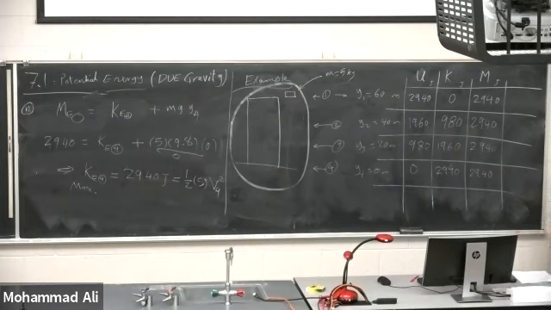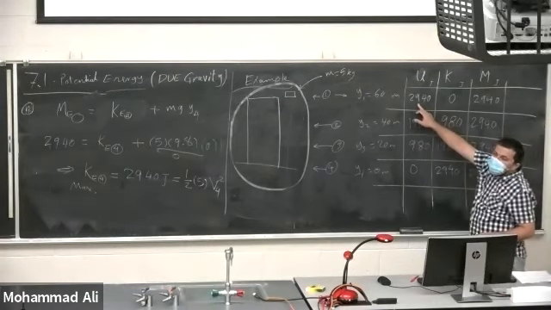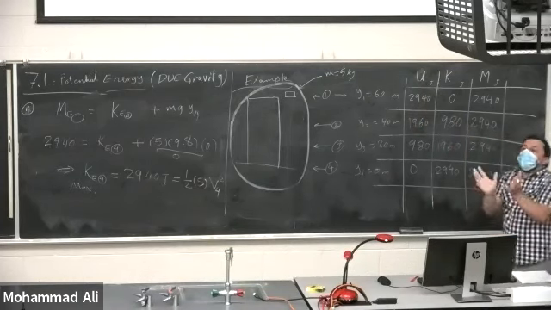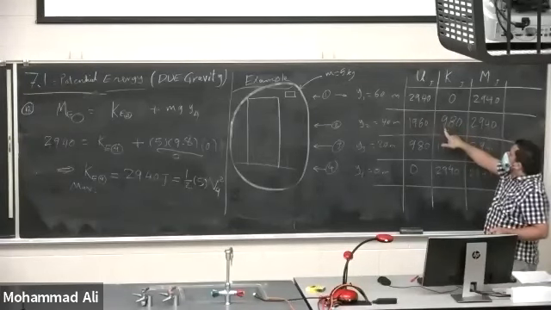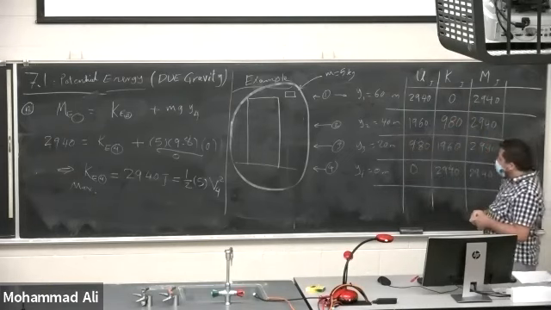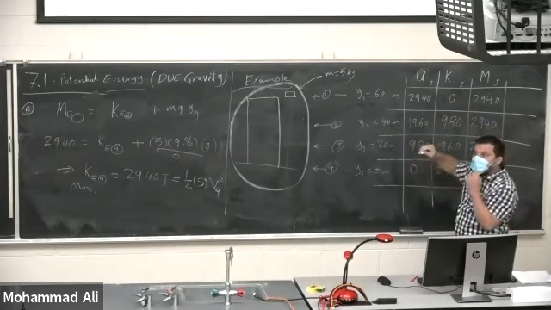If any one of you ask me, at first we have 2940 joules as potential energy. How does this energy convert to 980 kinetic energy in the second point? I will tell you that we have a work, mechanical work done.